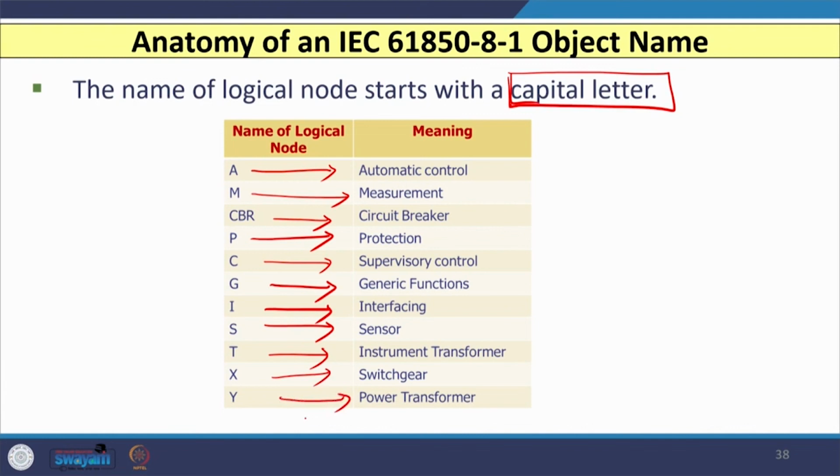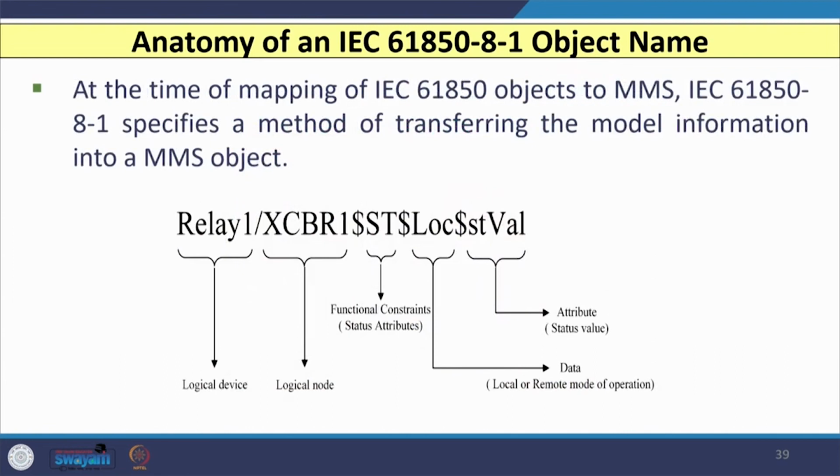So, if I write down the script to define the anatomy of the object name, then at the time of mapping IEC 61850 objects to the MMS, that is the manufacturing message specification, IEC 61850-8-1 specifies the method of transferring the model information into the MMS object, and this is done this way.